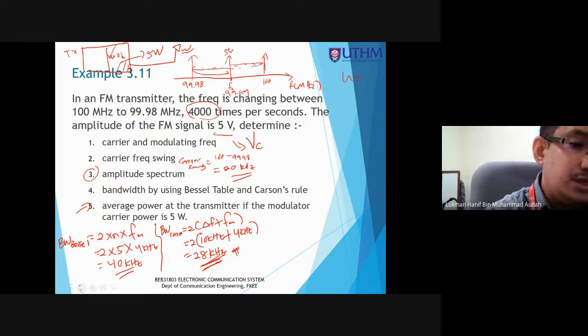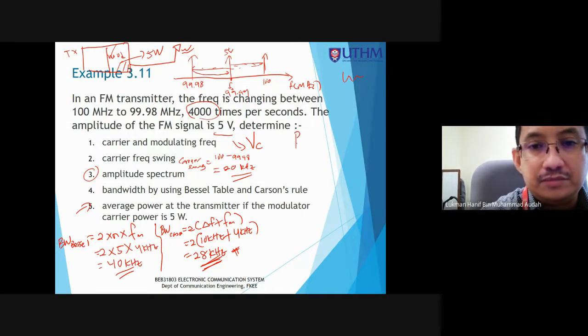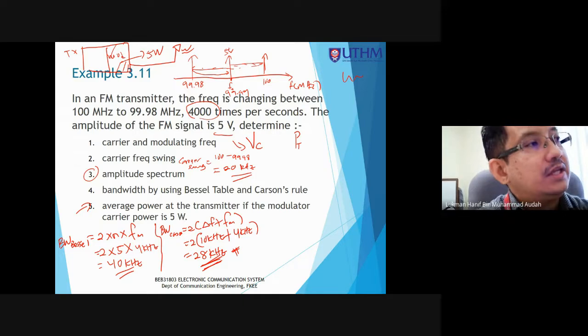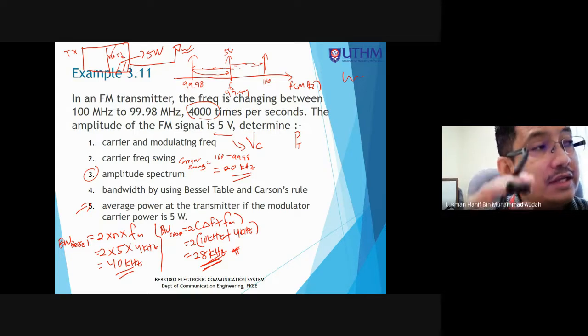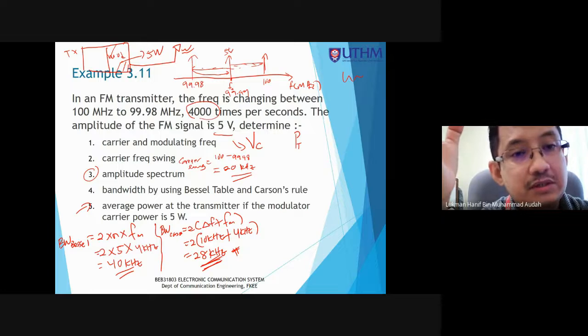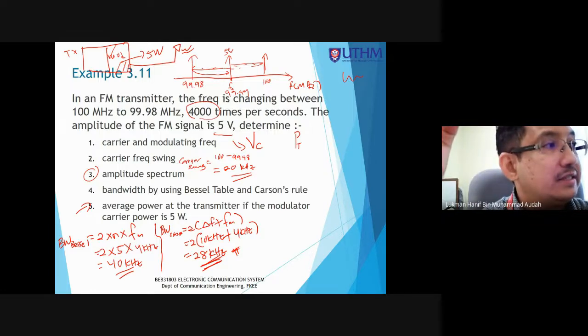So P total is the power that we supply to the antenna.